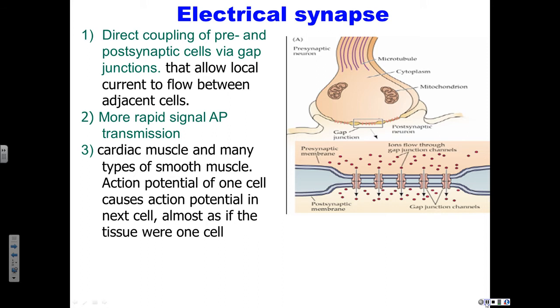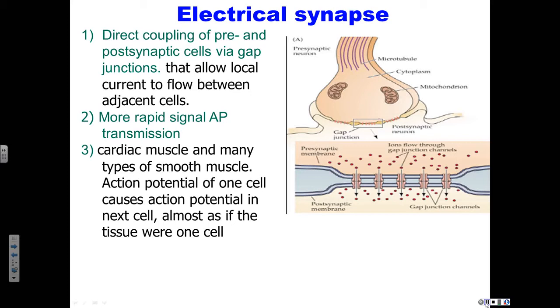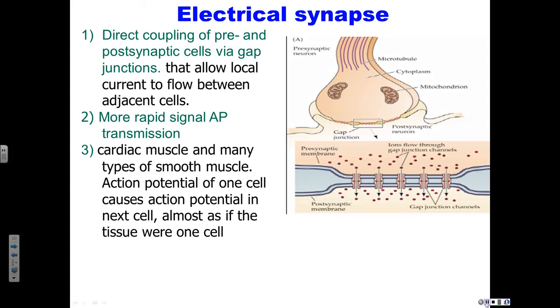So this is a blow-up of this area, and you can see that this would be the cleft right here. These separate the cells. But with electrical, the cells are connected by gap junctions. Remember gap junctions? And so this is the presynaptic terminal here. Here's the postsynaptic, but they're connected by these gap junctions.